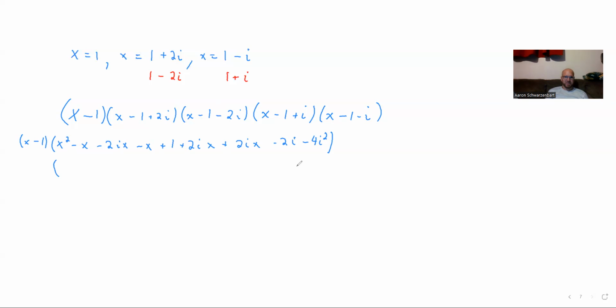I'll just simplify this down right away. x squared. Take a little tick here. Minus 2x. My 2ix's cancel. My 2i's cancel. I've got 1 plus 4 is plus 5. So that's x squared minus 2x plus 5.